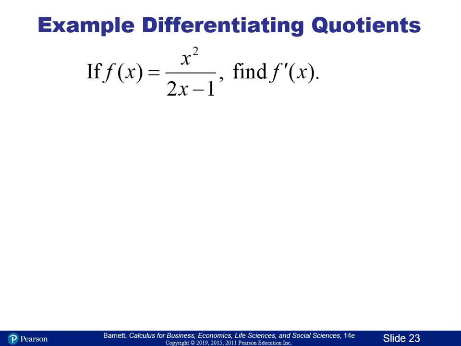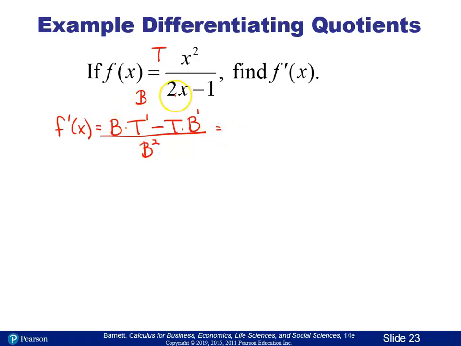All right, so if we're looking at this example here, this is our top and our bottom. So the derivative here is going to be the bottom times the derivative of the top minus the top times the derivative of the bottom over the bottom squared.